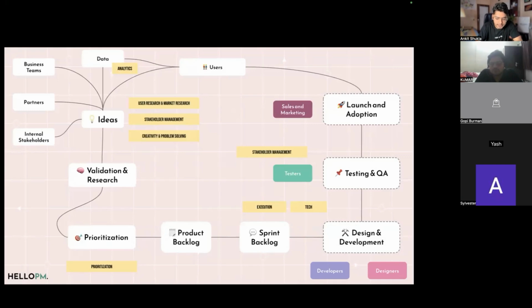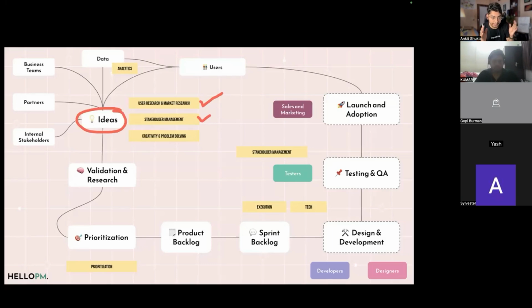Okay. So let's say when you get ideas, you need to have the skills of user research and market research. Without having the skills of user research and market research, you'll not be able to have great ideas because you'll not be able to understand the right problems. Second is stakeholder management. Now, here also you are collaborating with a lot of people, a lot of conflicting ideas would be there.